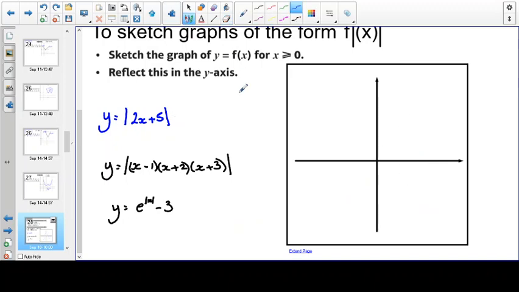Let's do sine. Y equals sine mod x, minus 180 to 180. So sine, normally from minus 180 to 180 would look like that.